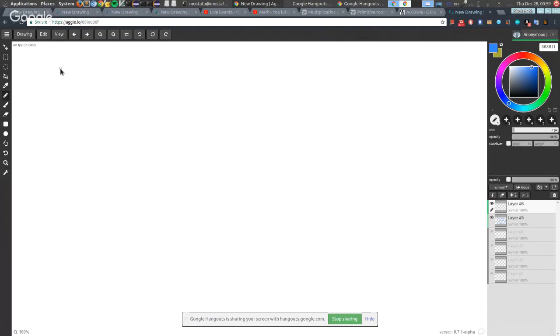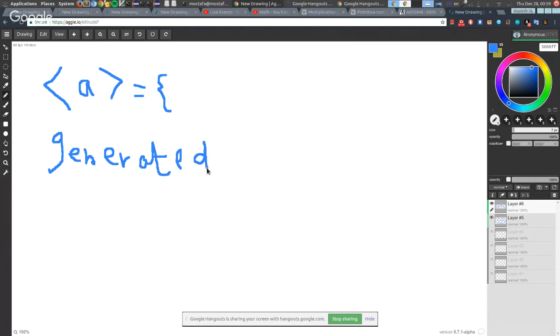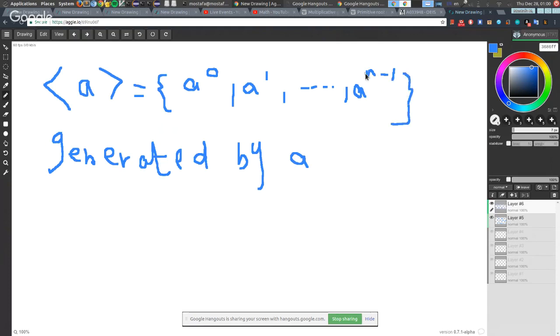So we defined this earlier. We say that this group, with this notation, means the elements generated by A. So here it's basically the powers of A, and so on until A to the power K minus 1.